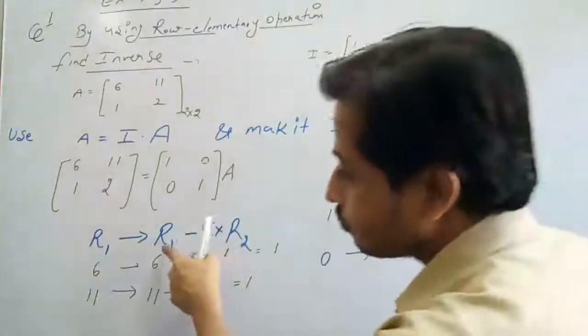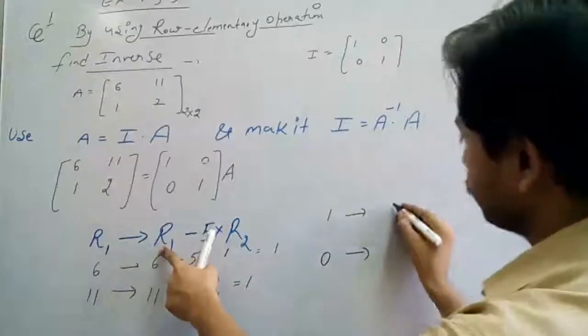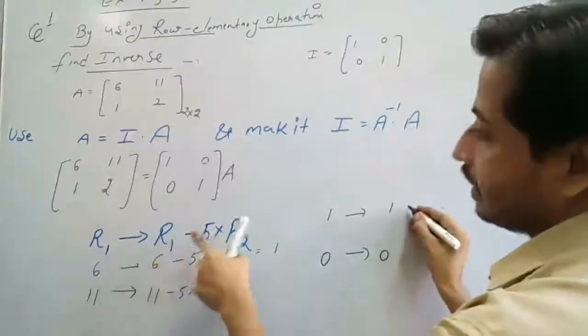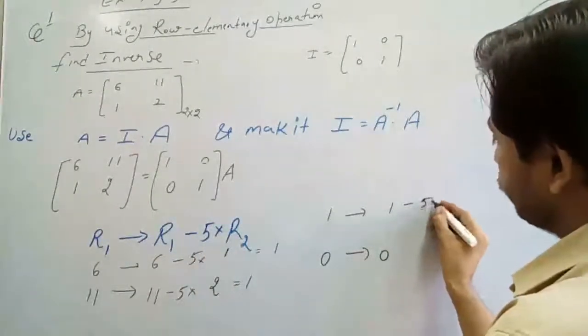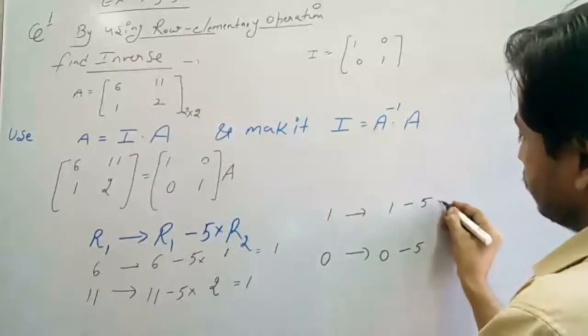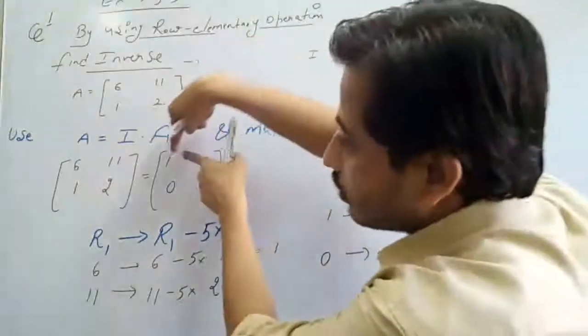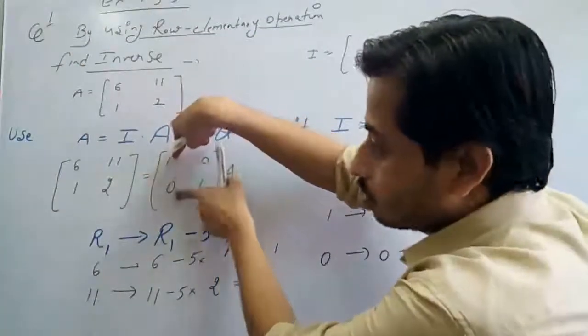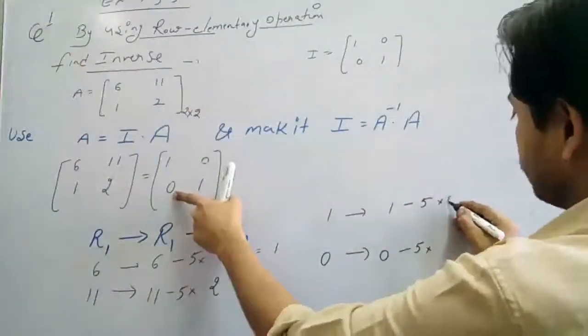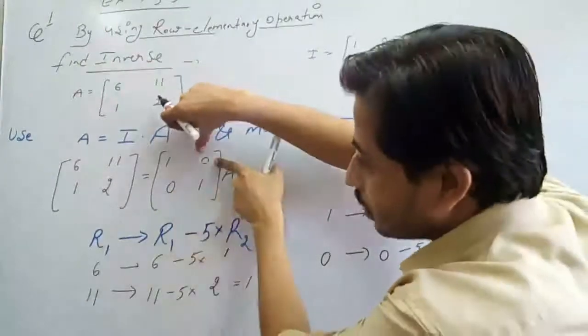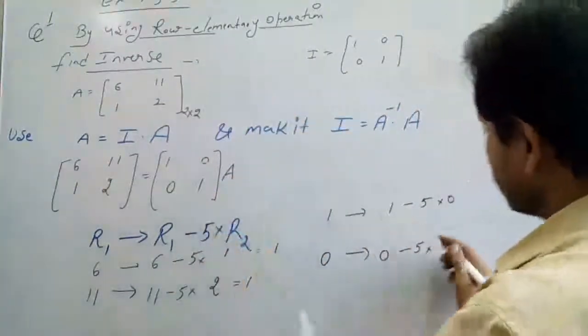Now what's the operation? Firstly we write R1, which is 1, 0. Negative 5, multiply R2. The corresponding element of 1 is 0, so I multiply by 0. The element corresponding to 0 is 1, so I am writing 1.